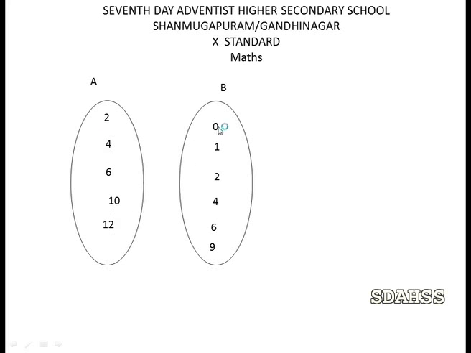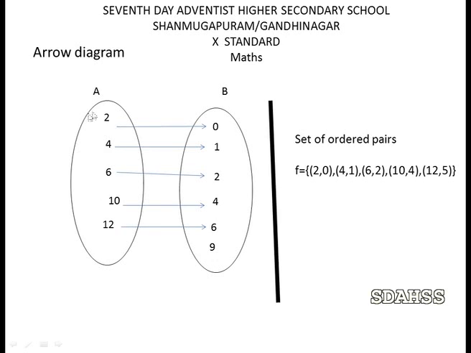And in B, the elements are 0, 1, 2, 4, 6, 9. By using the ordered pairs and table, we can represent it in the arrow diagram. So 2 maps to 0, 4 to 1, 6 to 2, 10 to 4, 12 to 5.